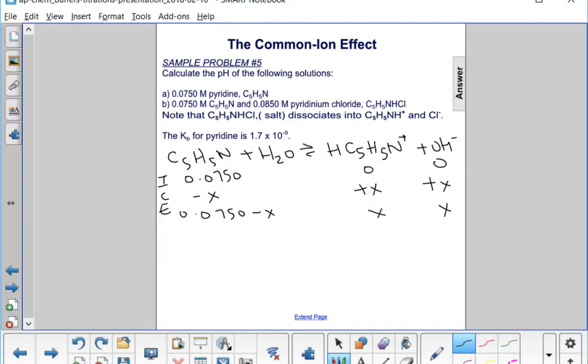Okay, now let's write a Kb expression. Concentration of HC5H5N plus, sorry, that's H5, so let's fix that.